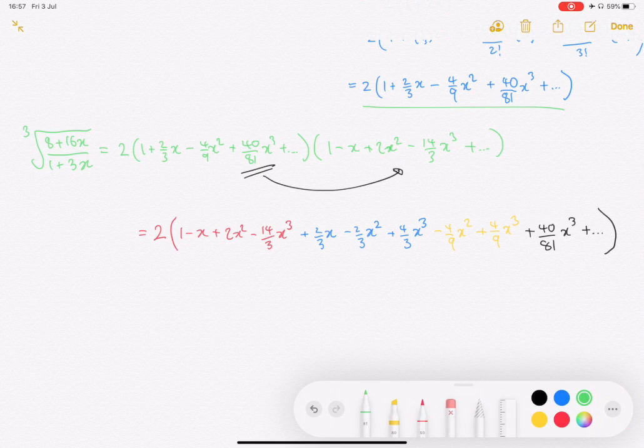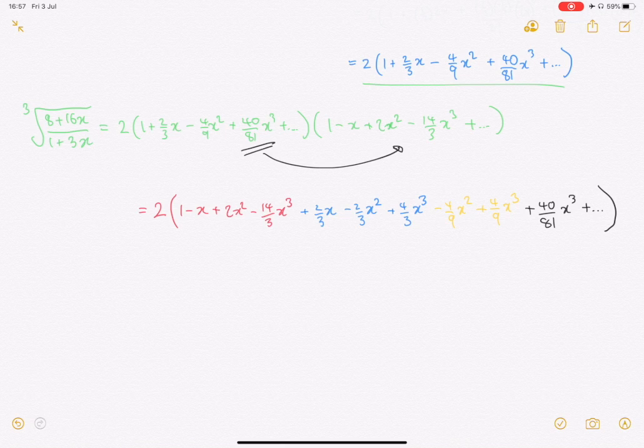So what's left? Well, what's left is just to collect like terms. And you might want to try and do this yourself. It's a little bit fiddly. You might want to use a calculator. But what do we get? Well, we have two lots of 1. Then if we take the x terms, we get negative x plus 2/3 of x, which is minus 1/3 of x. We take the x squared terms, from here, here, and here, we actually get 8/9 of x squared.